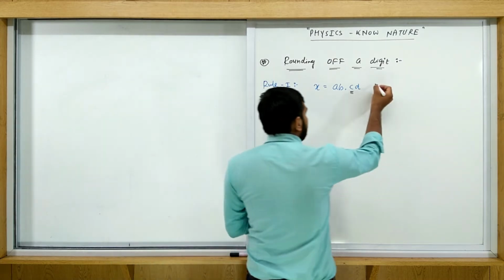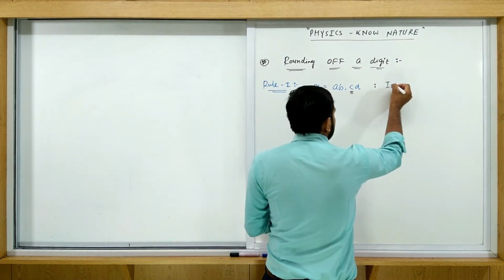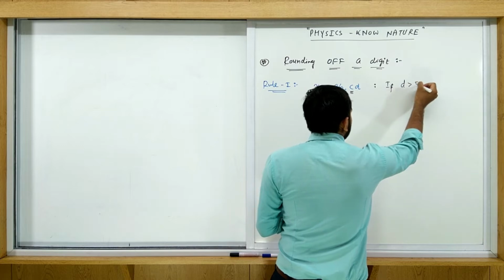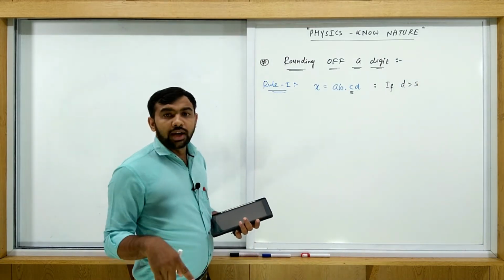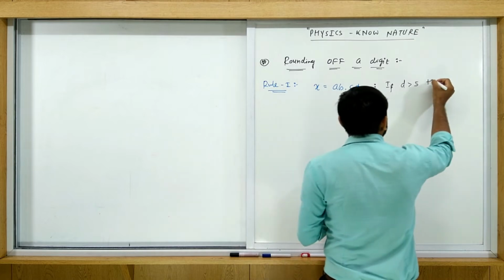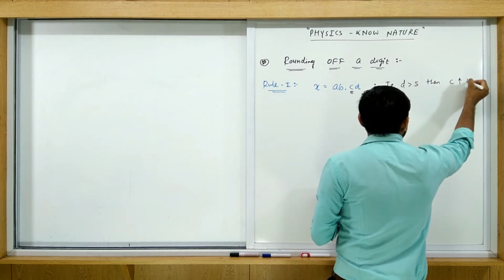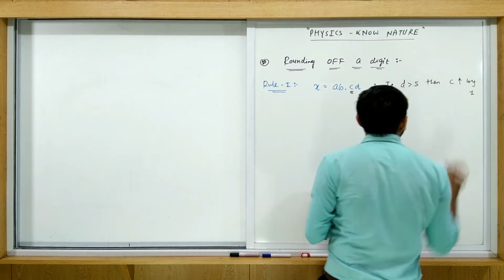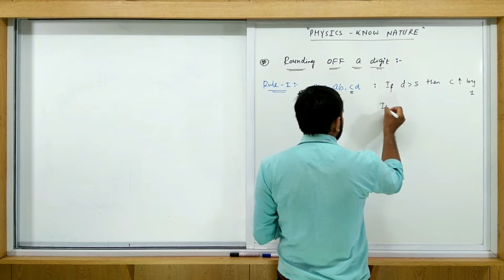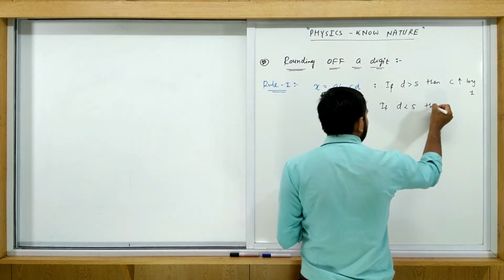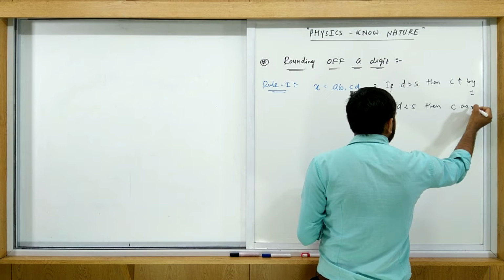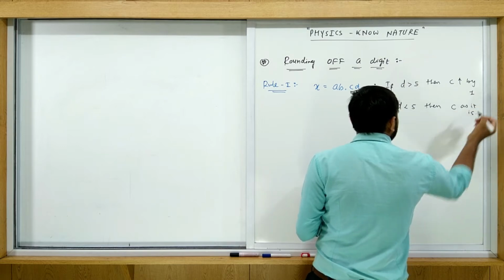So if d is greater than 5, you must remember, then c is increased by 1, and if d is less than 5, then c stays as it is, with no change.